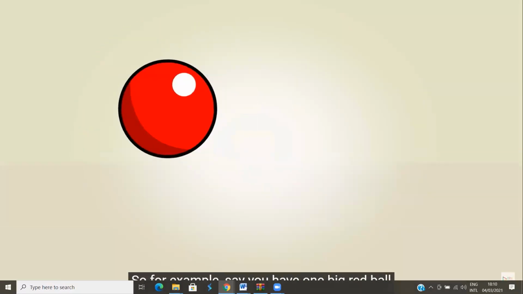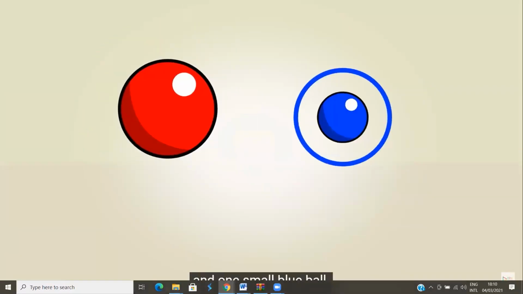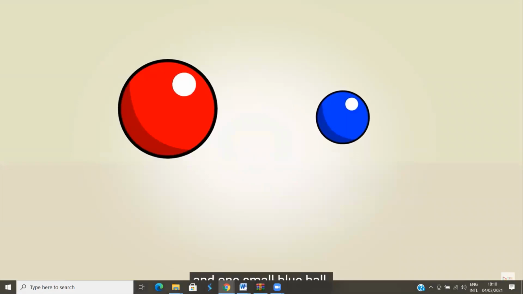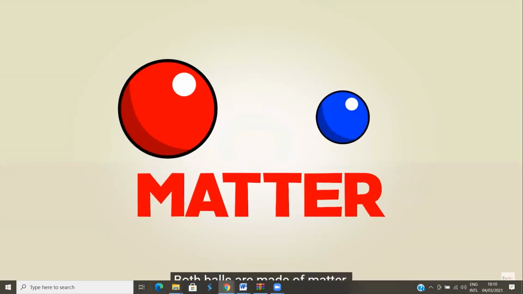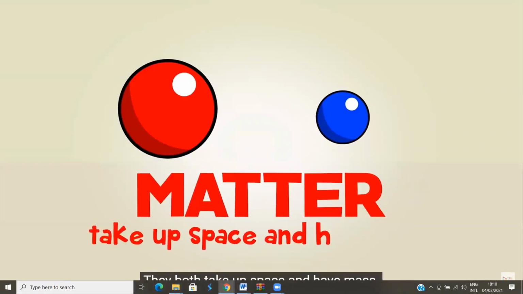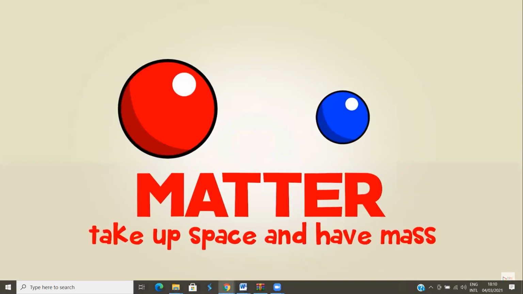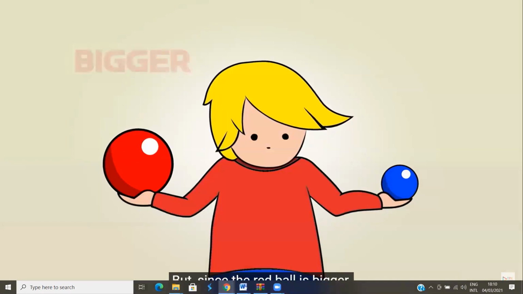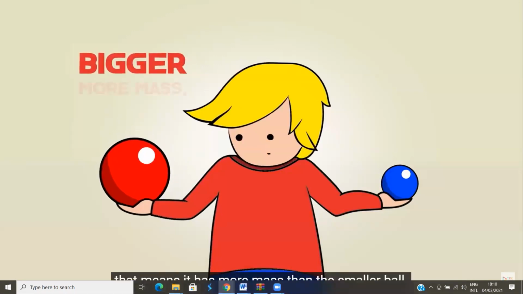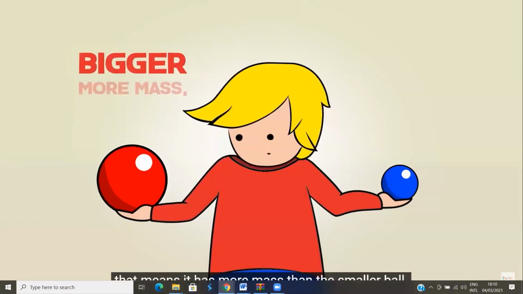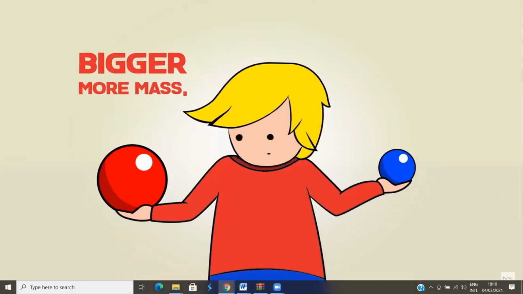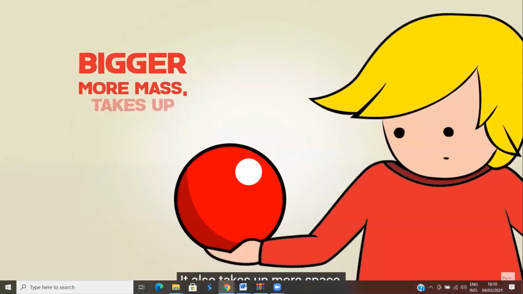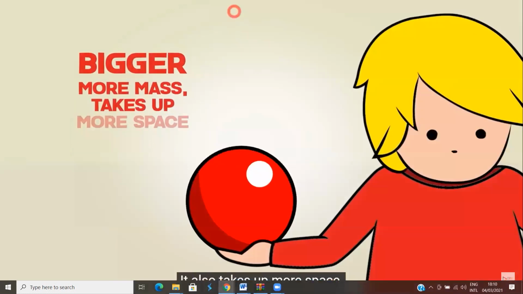So, for example, say you have one big red ball and one small blue ball. Both balls are made of matter. They both take up space and have mass. But since the red ball is bigger, that means it has more mass than the smaller ball. It also takes up more space.